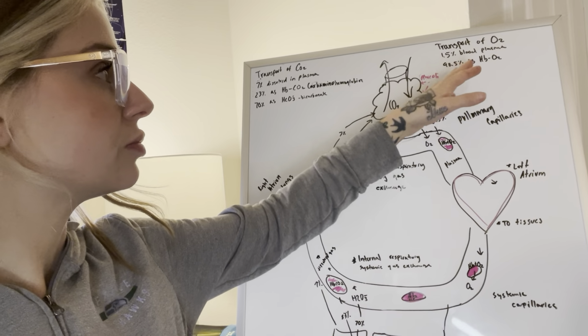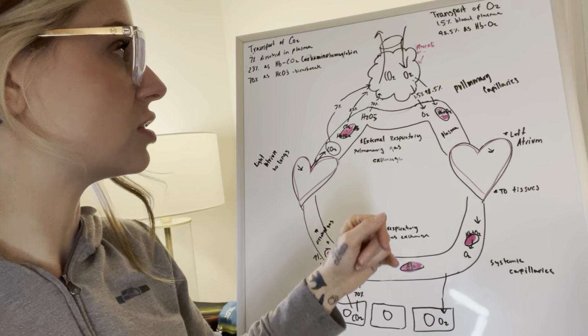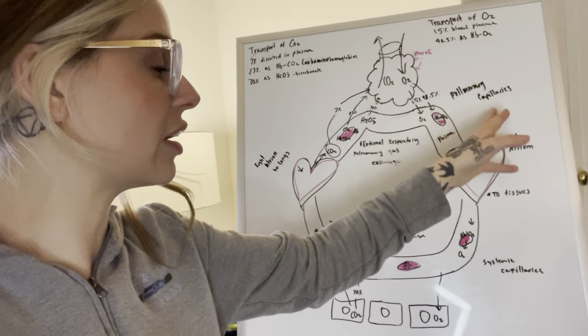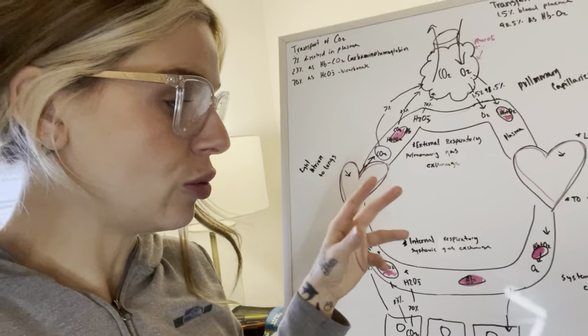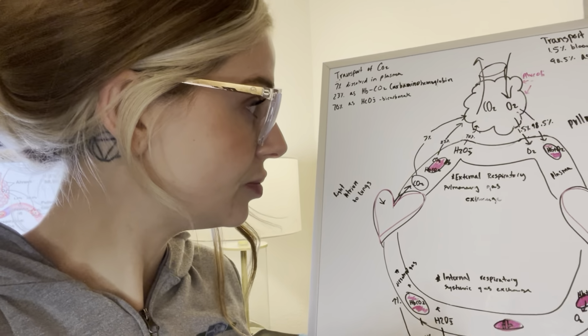So the transport of O2 in the body. We bring in oxygen. It diffuses through the alveoli into the pulmonary capillaries, which is connected to our heart.